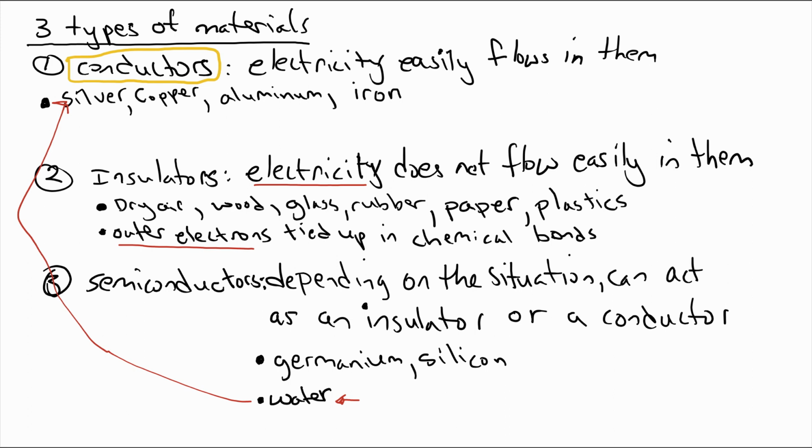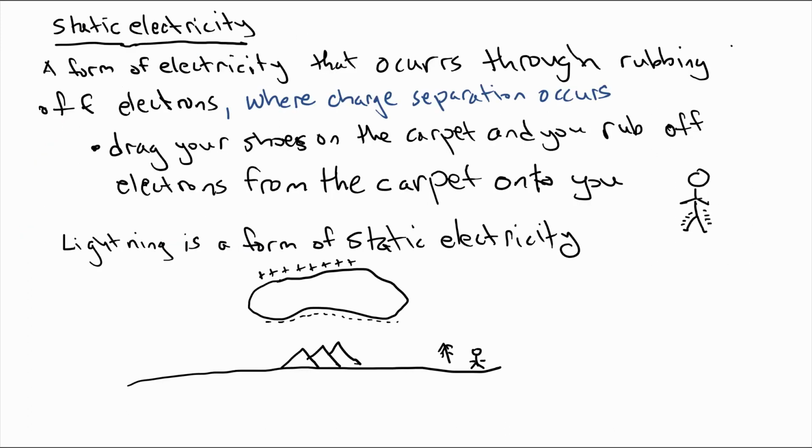Okay, the next one is static electricity, which is a particular type of electricity. I say static electricity is a form of electricity that occurs through rubbing off electrons where charge separation occurs. Like I said before, you have an atom, and say you had 2 protons here, and then you have 2 electrons.